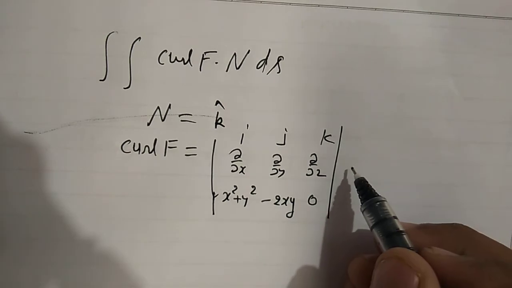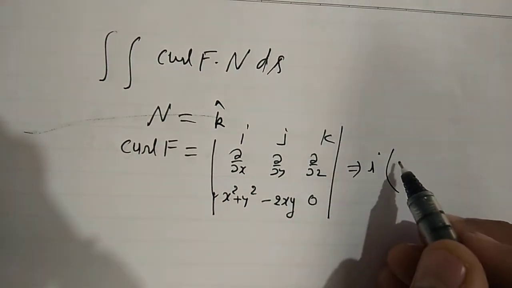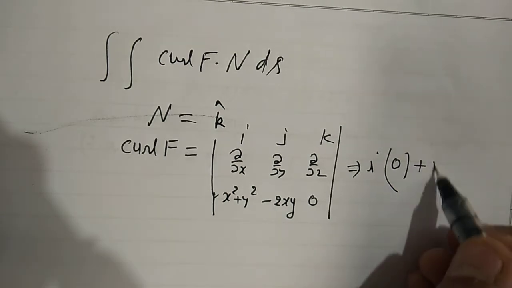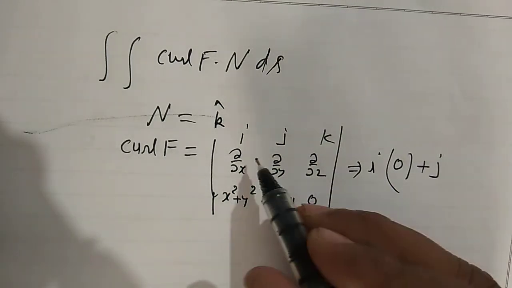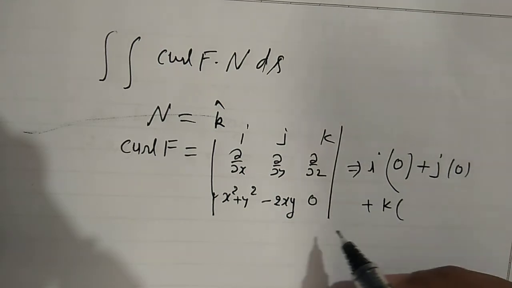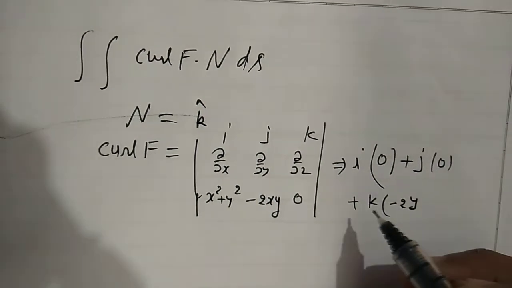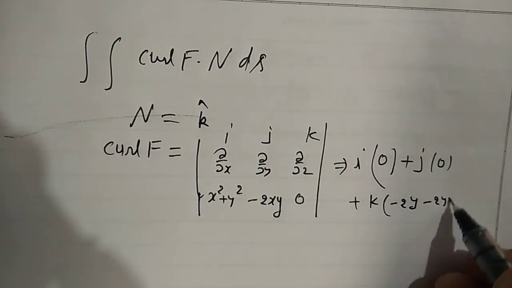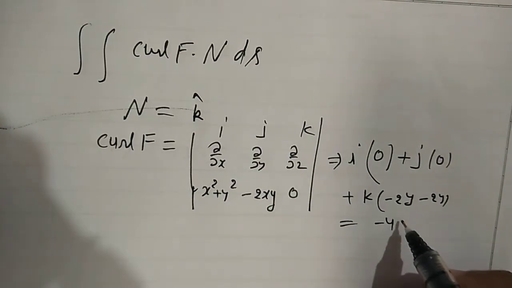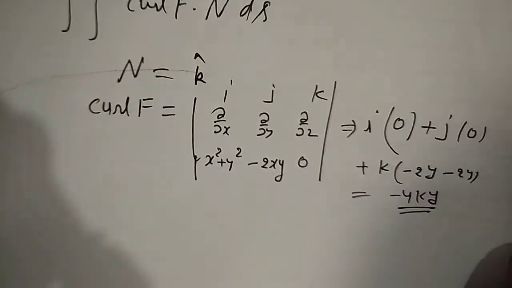So if you simplify, we get i times 0 plus j times 0 plus k times minus 2y minus 2y, so we get minus 4y k.